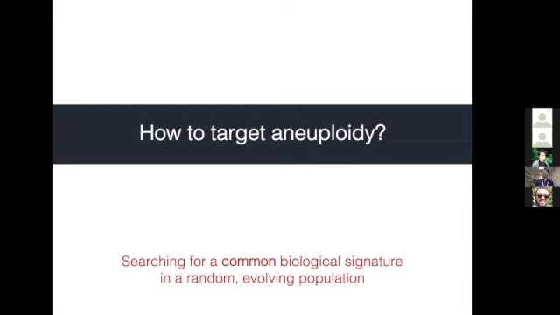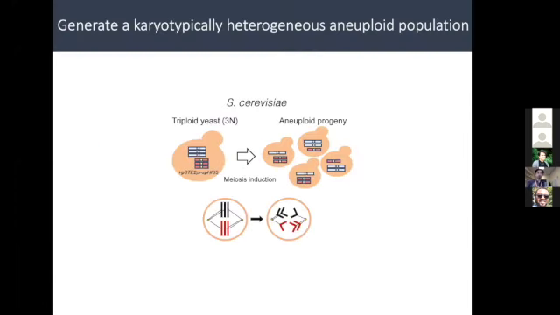So that's the time I really switched back to Saccharomyces cerevisiae, because it has so many tools I can use to search for the common biological signature. The main tool is that we can leverage the meiotic process to generate aneuploid progenies.